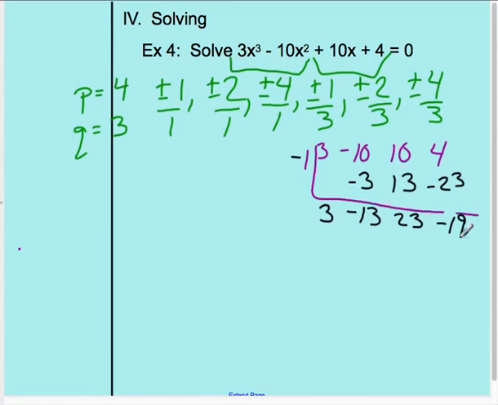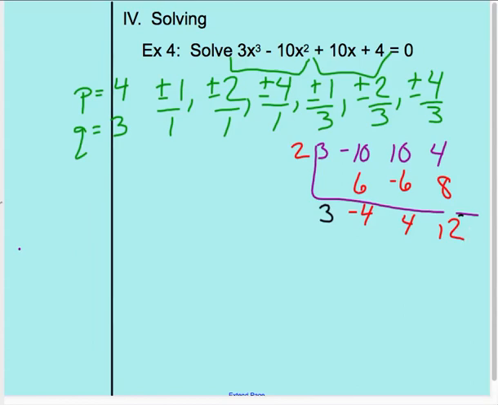So now I'm going to move on to 2. Again, I didn't know that 3 would be there, so I'll leave that this time. Instead of rewriting it and wasting a bunch of paper, or screen in this case, I'm just going to erase. So I'm going to try 2, multiply, add, multiply, add, multiply, not getting a 0.